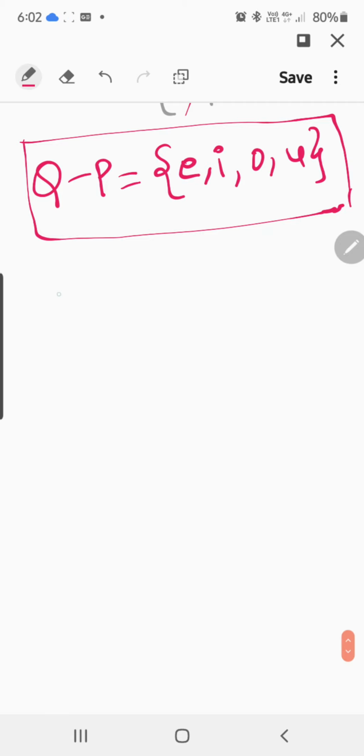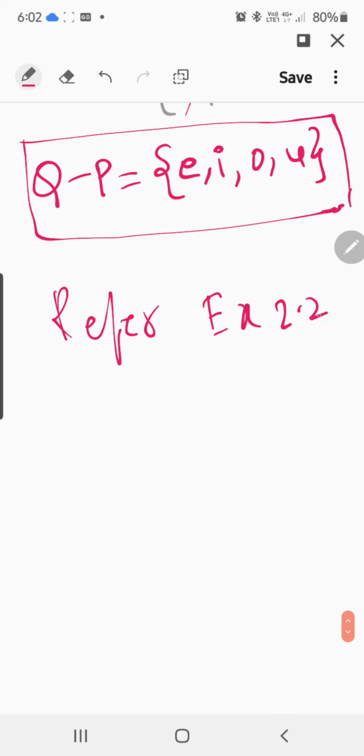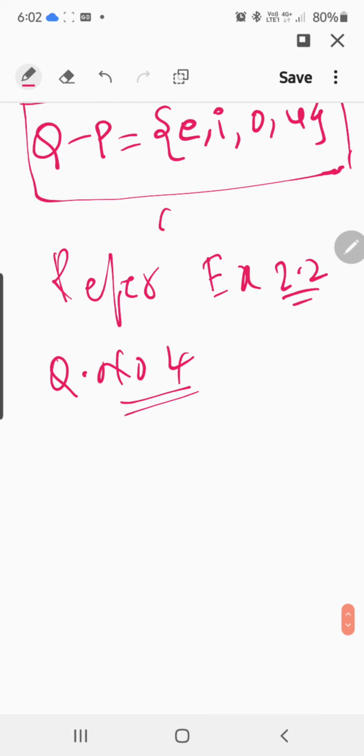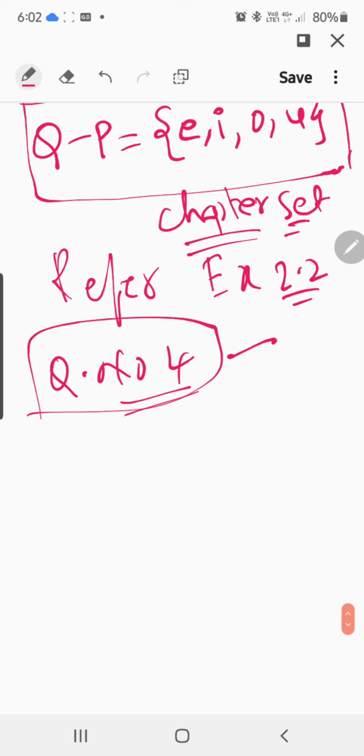For this refer to exercise 2.2 and question number 4, chapter Sets. Apart from this you have some example problems in the same textbook. Solve them.